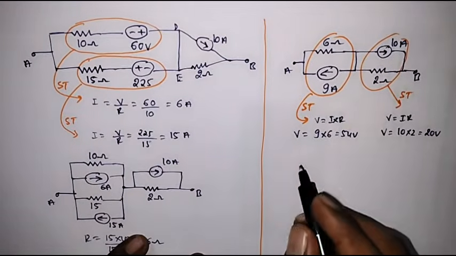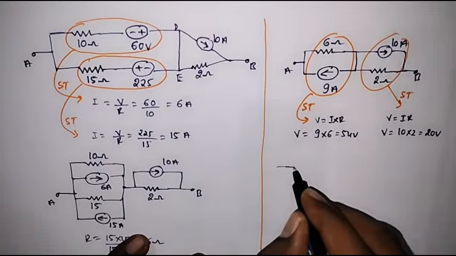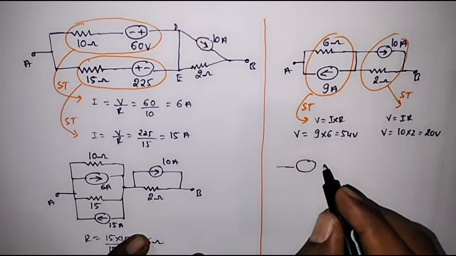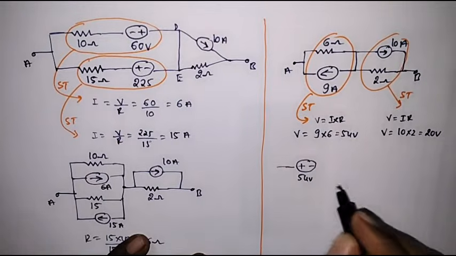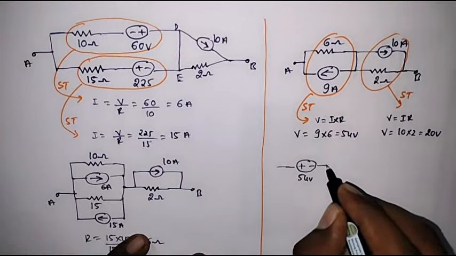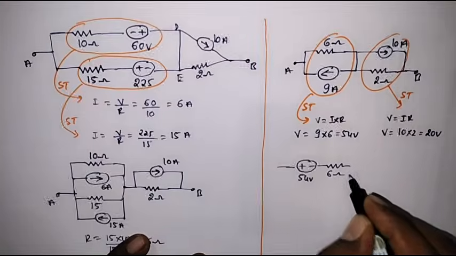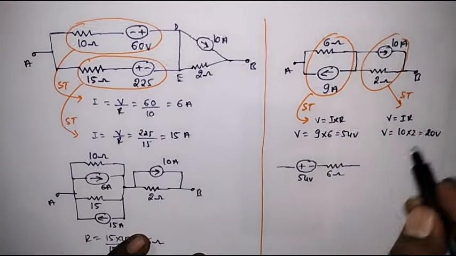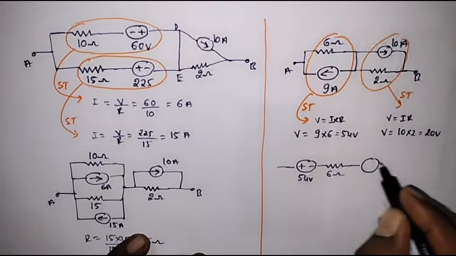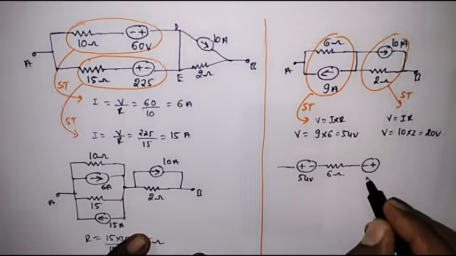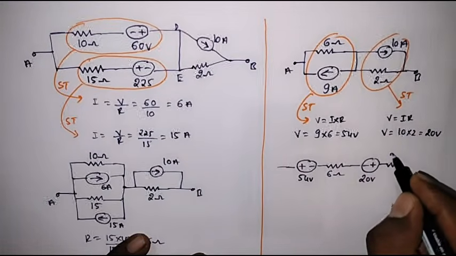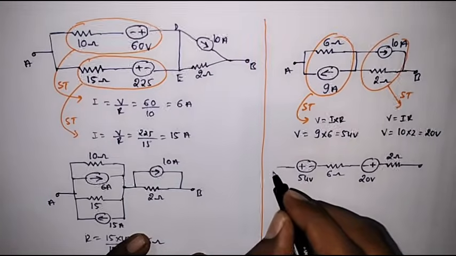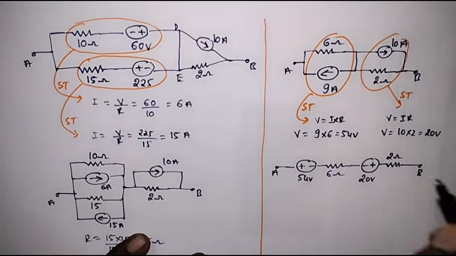I will replace the current source with a voltage source, magnitude is 54 volt. Same resistor will be in series, that is 6 ohm, and here we have a voltage source of magnitude 20 volt and the resistor is 2 ohm connected between terminal A and B.